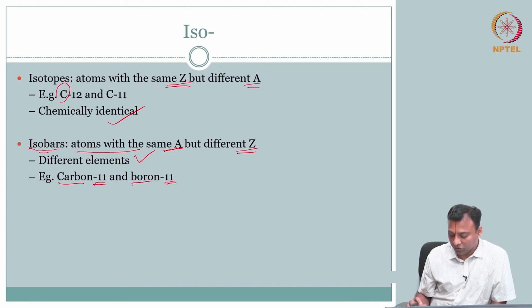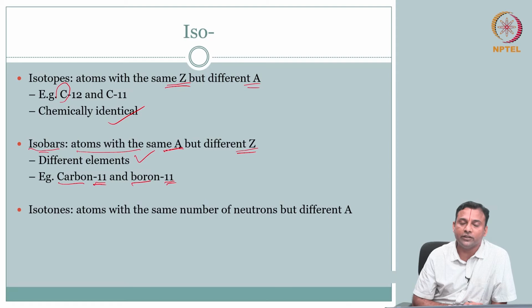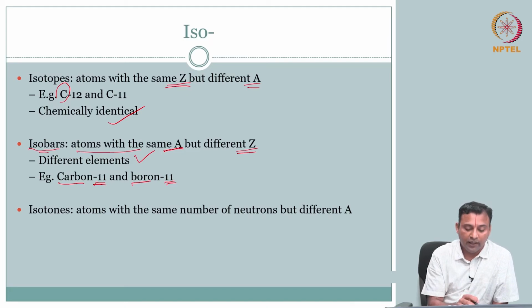There are a few more isos that we will cover. Okay. So isotones. So we were talking about electrons and protons, right? Electrons, protons, or your nucleus, right? But in the nucleus we start to have protons and neutrons. Isotones, what happens?